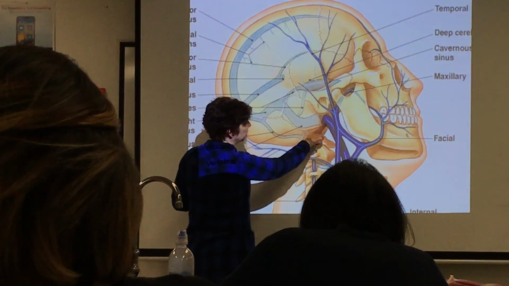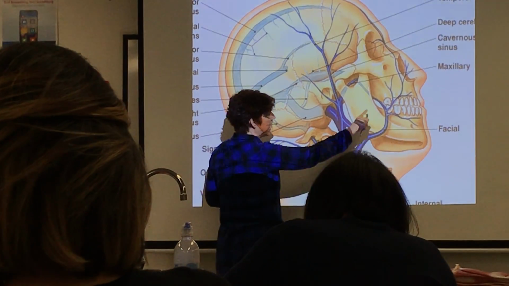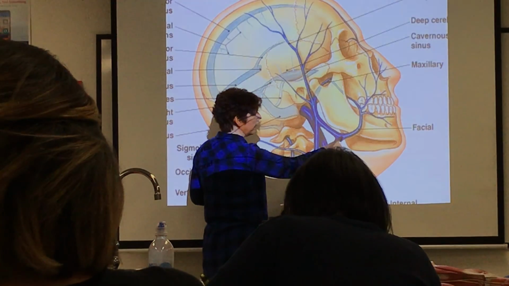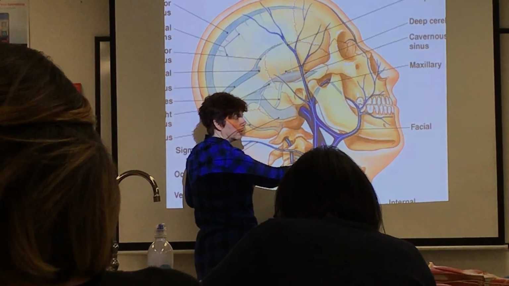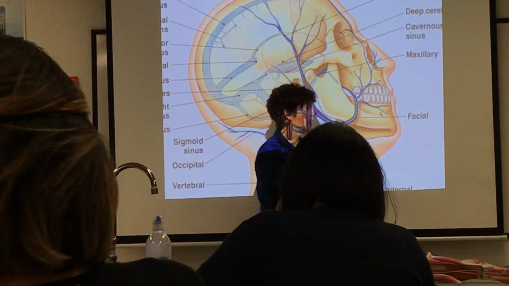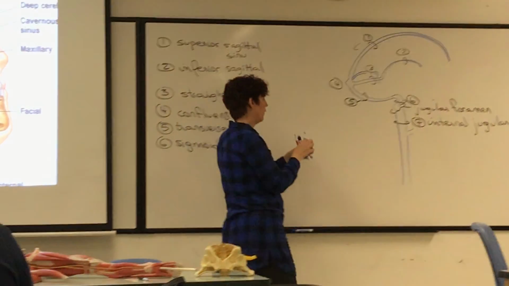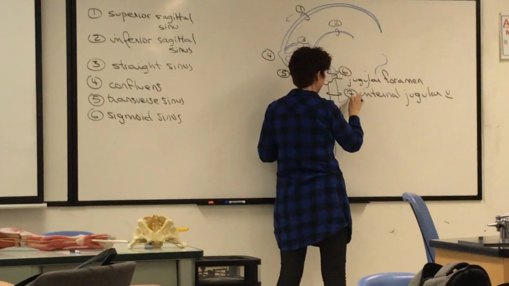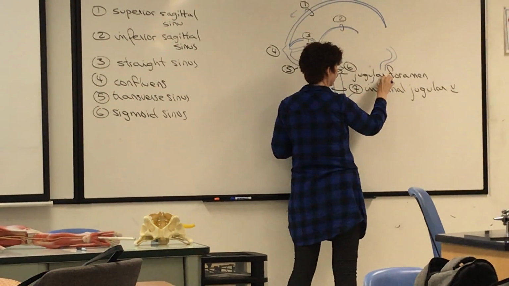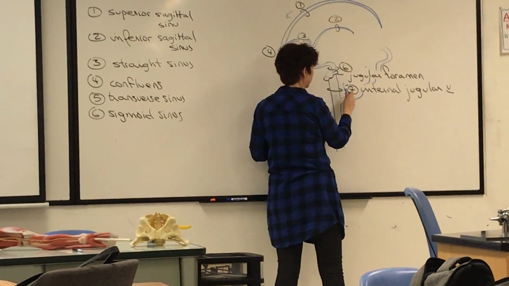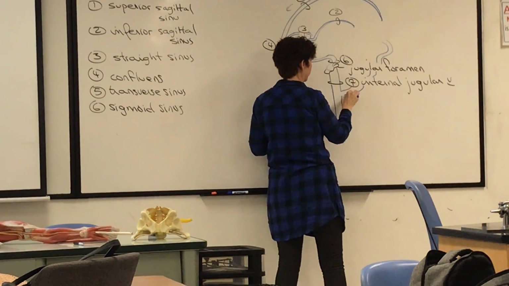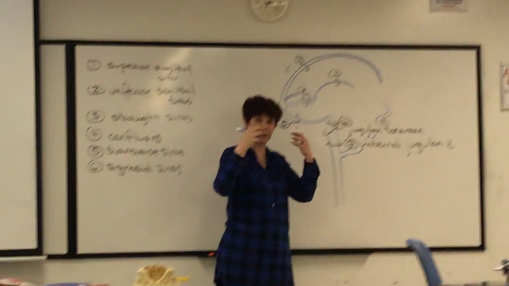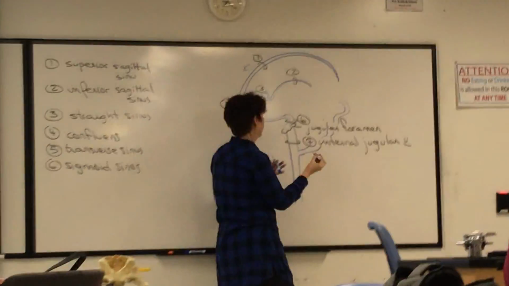So here's the internal jugular, and you'll see that it's also receiving blood from the facial vein, which is external. So most of the blood from the surface of the face is coming from the vein structure of the face. It's going to flow into the internal jugular vein, even though the facial vein itself is supplying the external structure of the head.